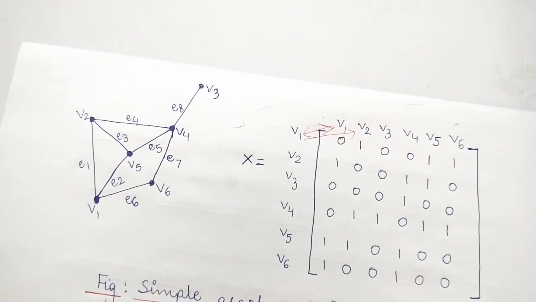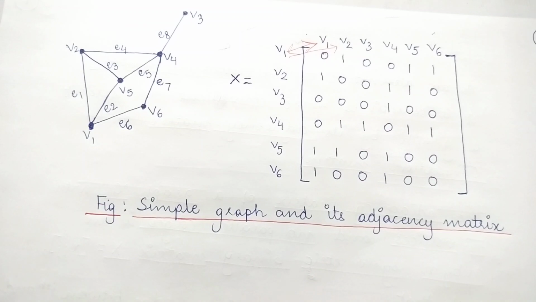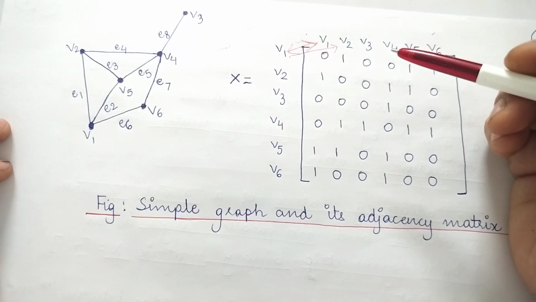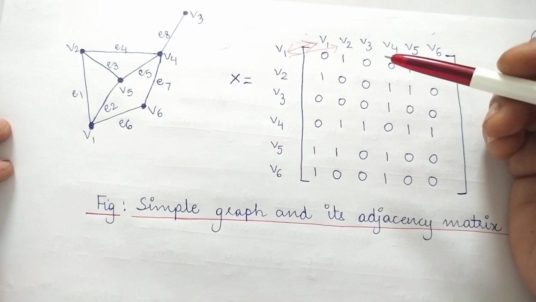Now there are certain observations that can be made in the case of the adjacency matrix. First of all, entries along the principal diagonal of the adjacency matrix are all zeros if and only if the graph has no self loops.